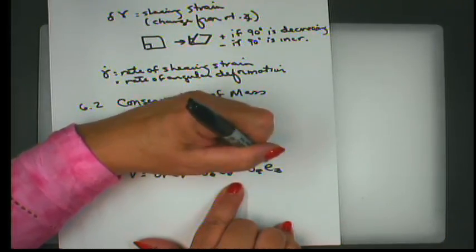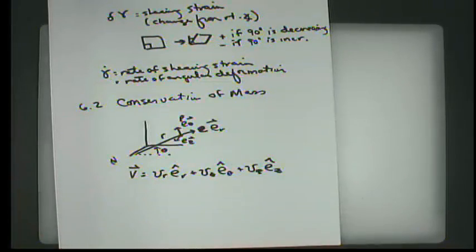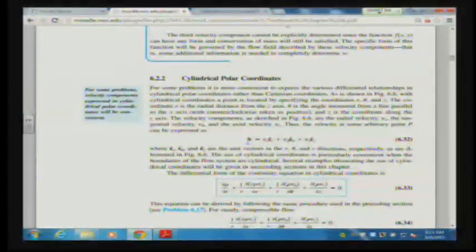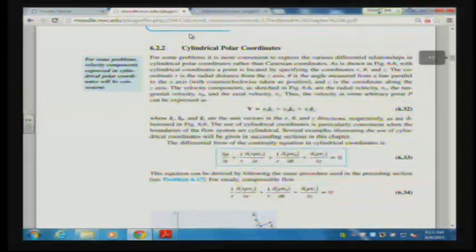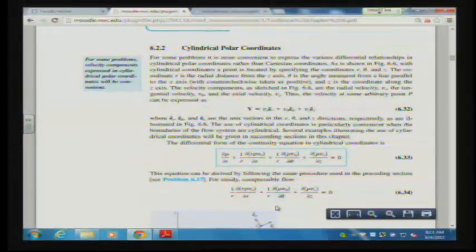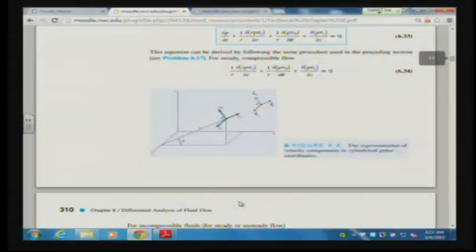And since those are orthogonal or mutually perpendicular, we have a complete expression for velocity. Now, the development of this, you've seen before in math class, most likely. I don't know if you've worked with radial coordinates in other engineering science classes. But the derivation is right here, and the expression of those terms in polar coordinates.